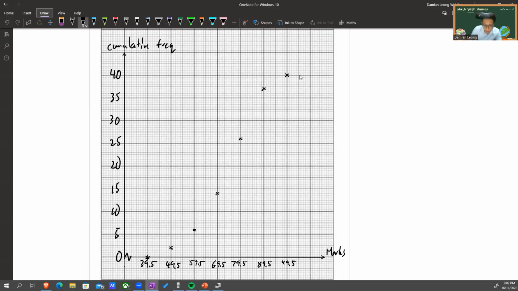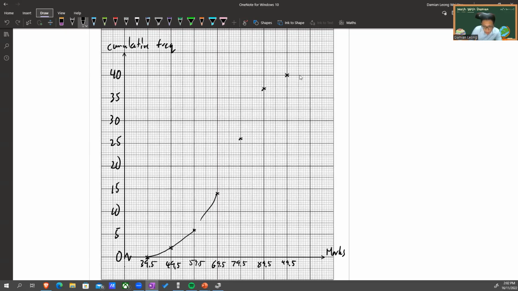So the ogive, draw using a smooth curve. Yeah, it should cut through all the points.